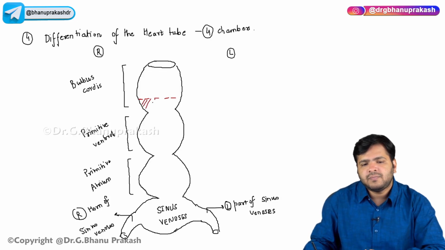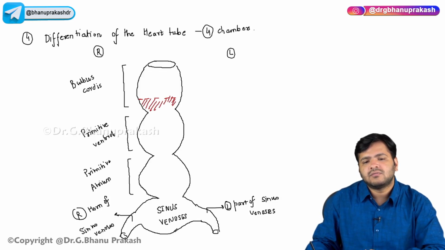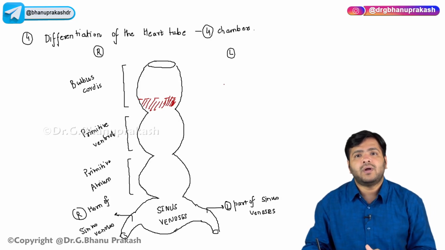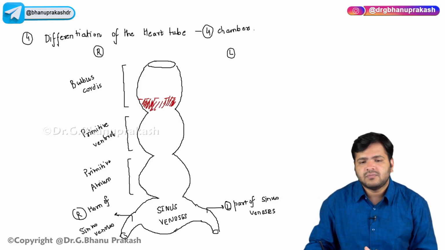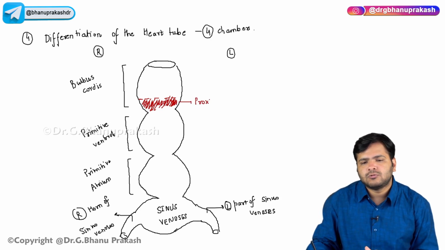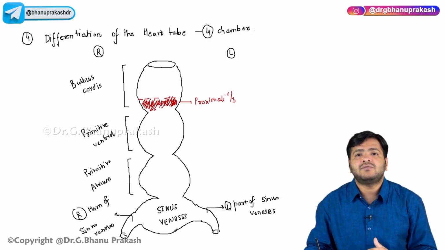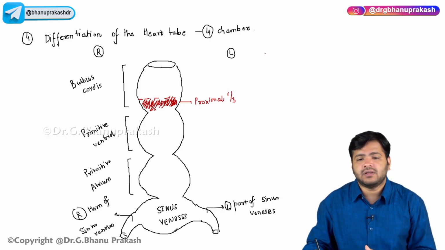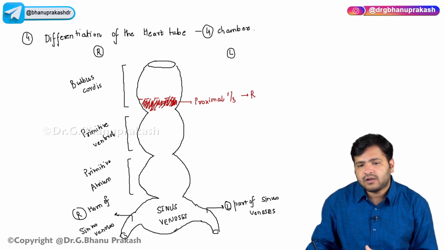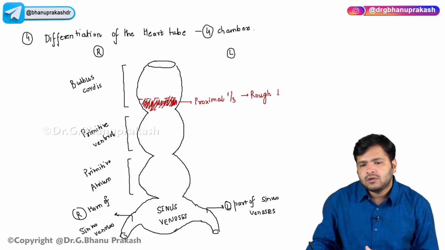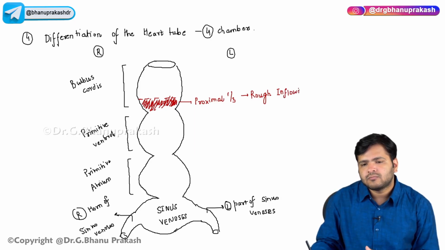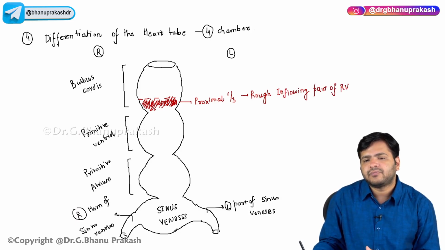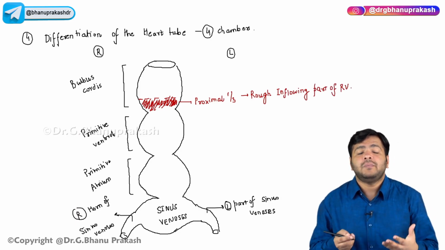This part which I am highlighting is called the proximal one-third part of the bulbus cordis, and it will give rise to the rough inflowing part of the right ventricle. So we have an outflowing part and an inflowing part.